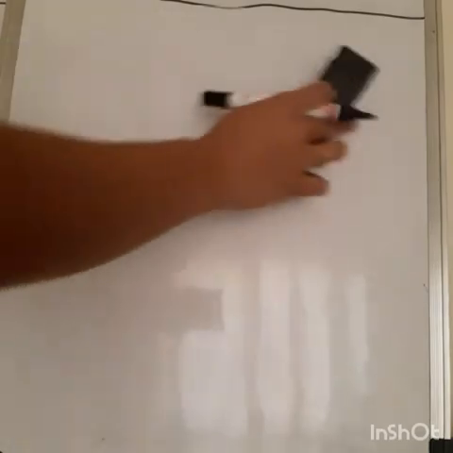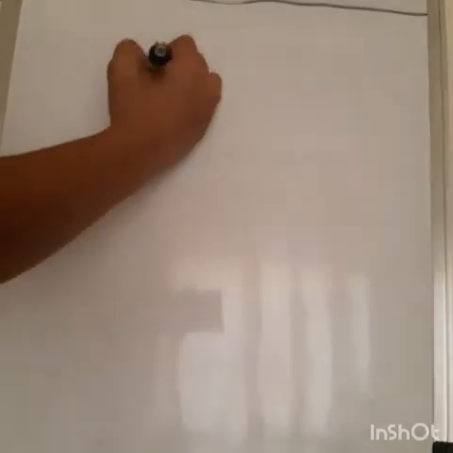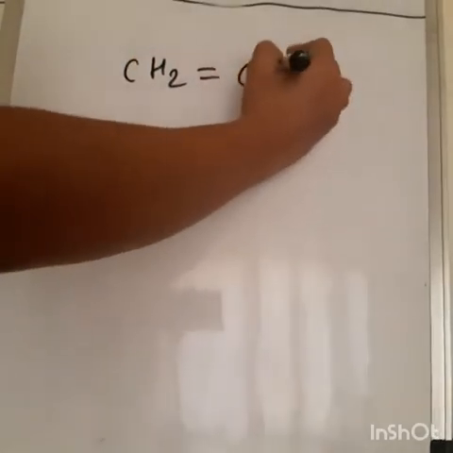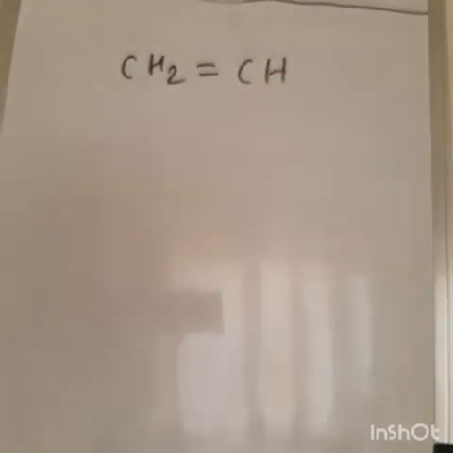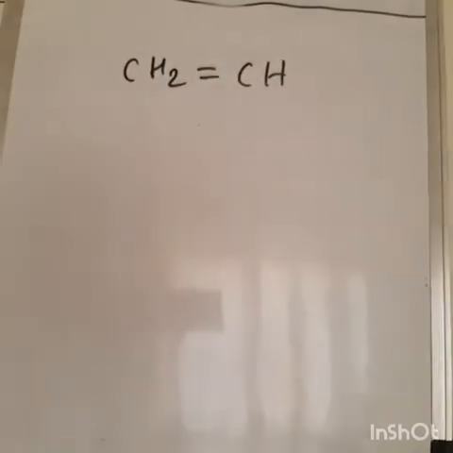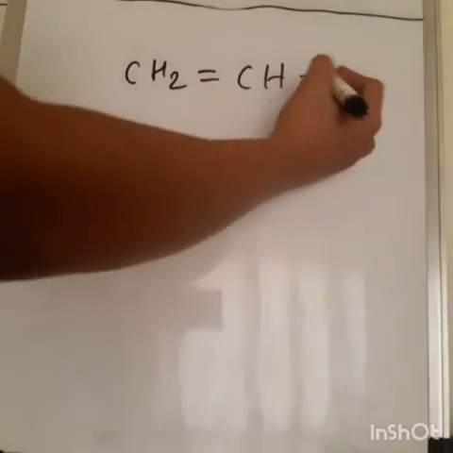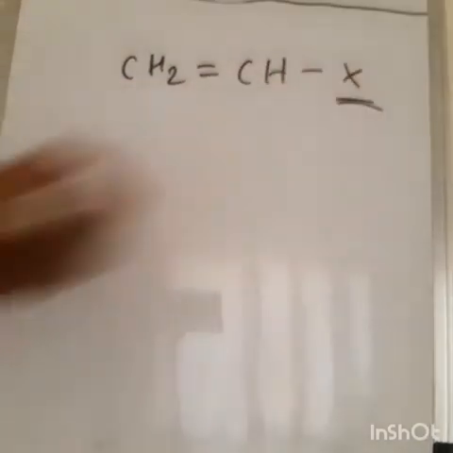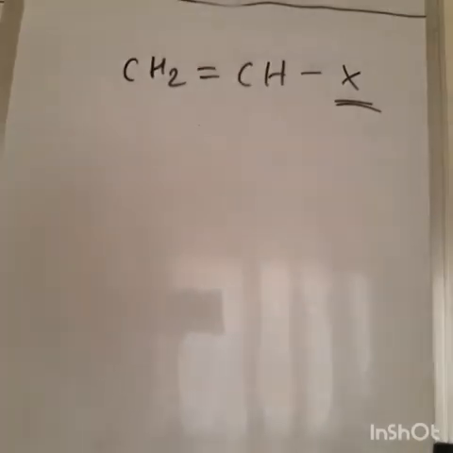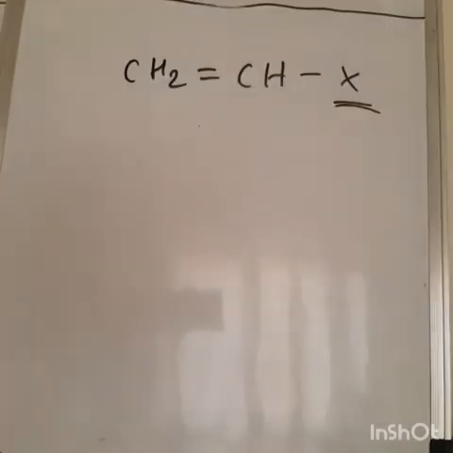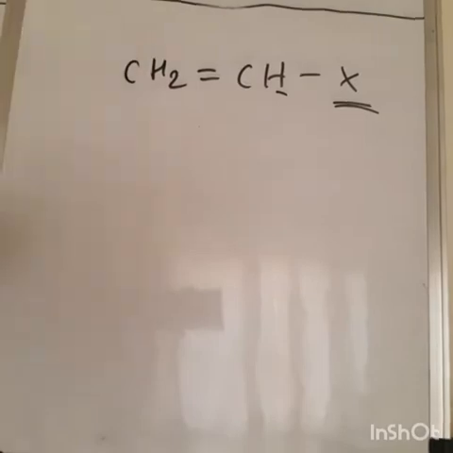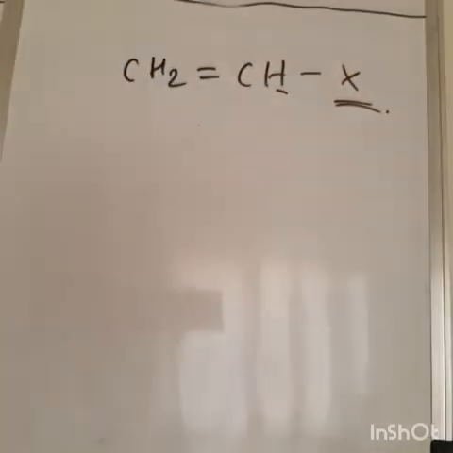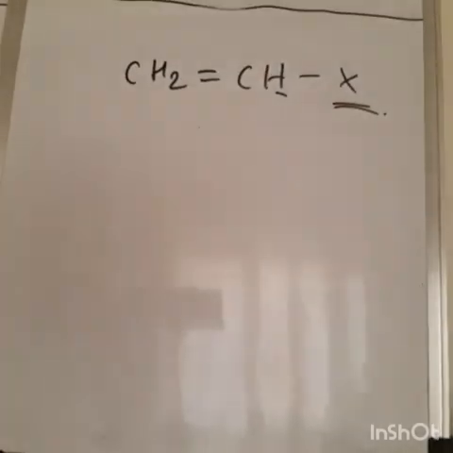When one of the hydrogen atoms from this compound is replaced by a halogen atom, X, which can be iodine, bromine, fluorine or chlorine, it becomes the halogen derivative.